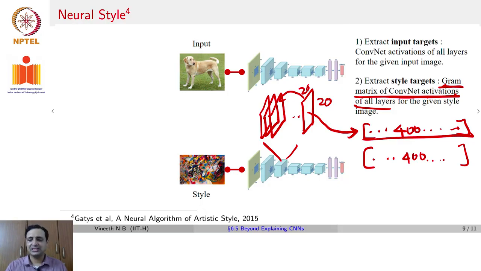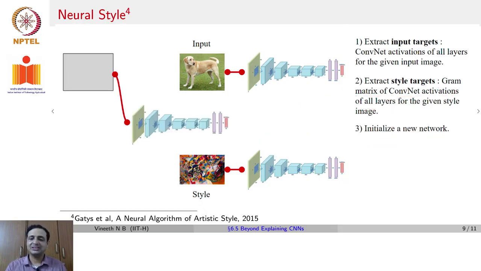So what do we do with this style target? Once you obtain these gram matrix of ConvNet activations from the style image, you again take a network, a trained model, and now you give a blank input as an image.